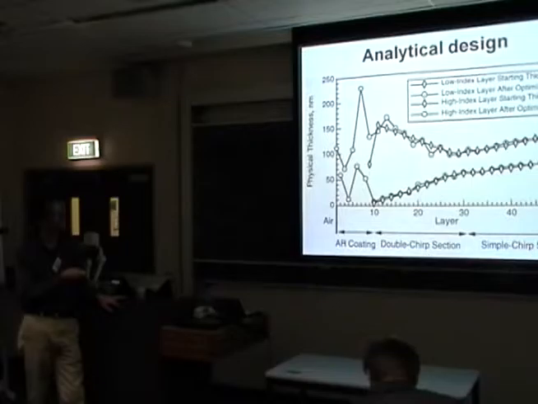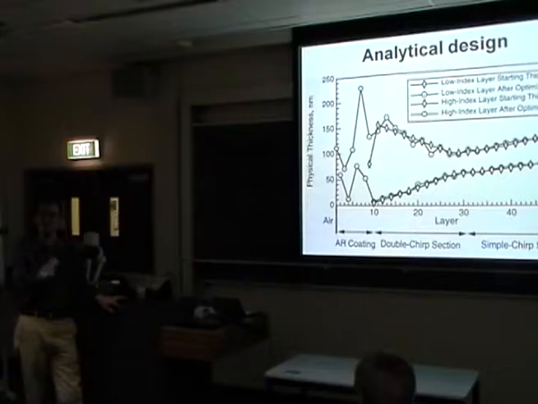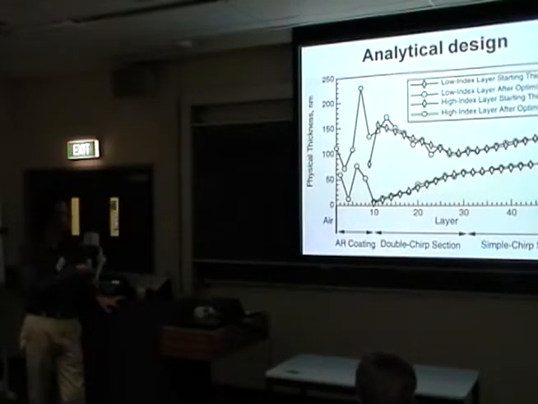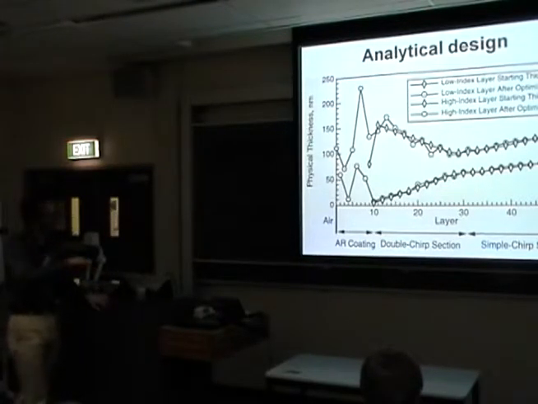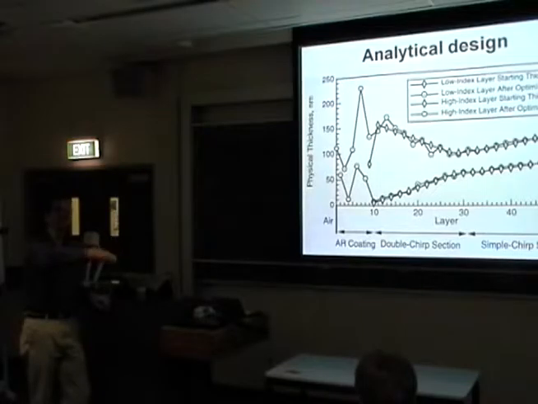Here is actually kind of the structure after some initial guess. So air coating, here is the physical thickness of the mirror's material, and here is the layer number as you go through the mirror. So typical chirped mirrors have about 60 layers or so. And here is the interface to air, so the light will shine in and get reflected at a certain position. You can see that actually the layers get thicker and thicker into the mirror because we want the red light to be reflected here.